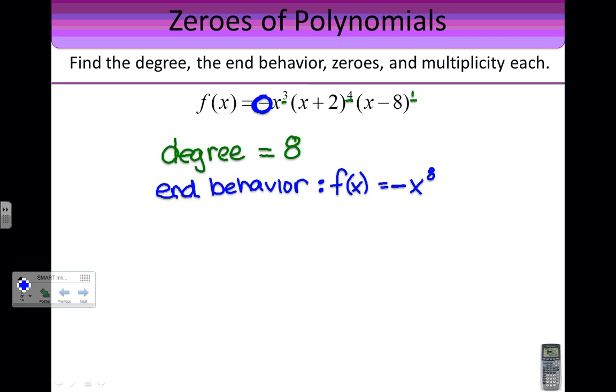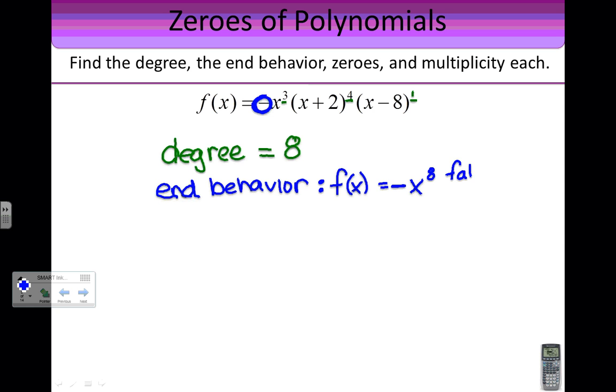So what does a negative do to a graph? It flips the graph over the x-axis. So since there's that negative out there, the end behavior gets flipped upside down. So it's still even, so it still has to have the same end behavior on both sides. However, now it flips over the x-axis.